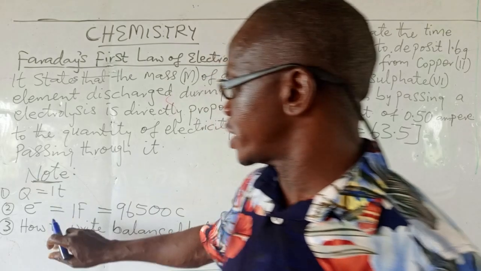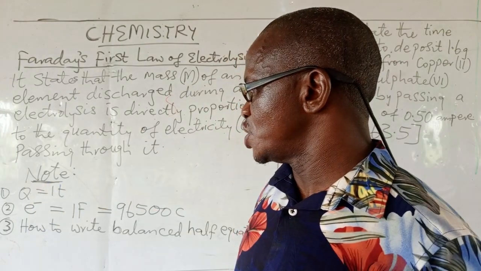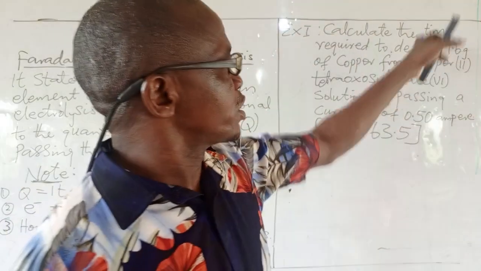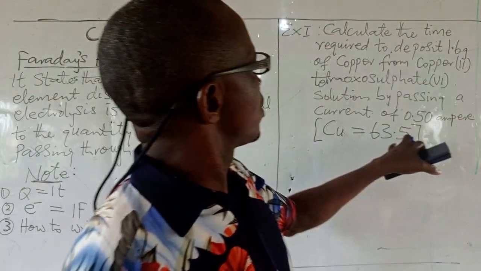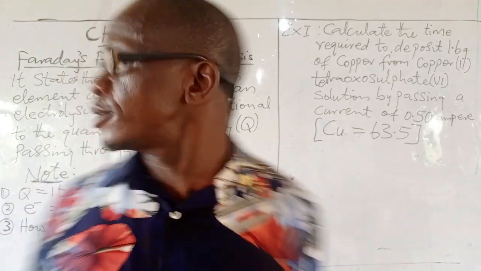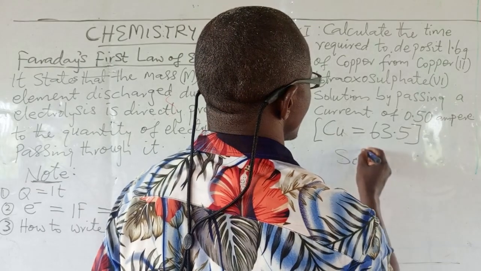And in this formula, they have given you current, which is I. You are calculating T. You don't have Q. The Q here, from what they have given you, this and this, you can use that to calculate your Q. Now let's start. Solution.